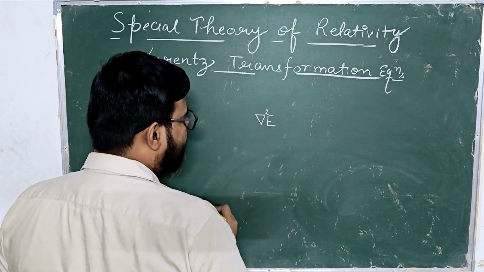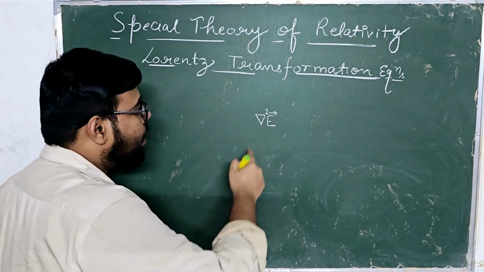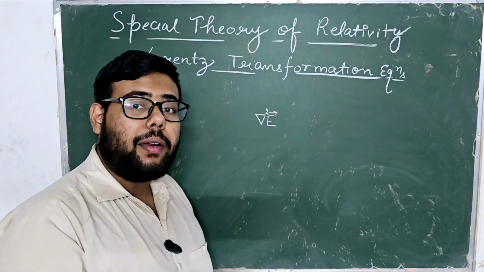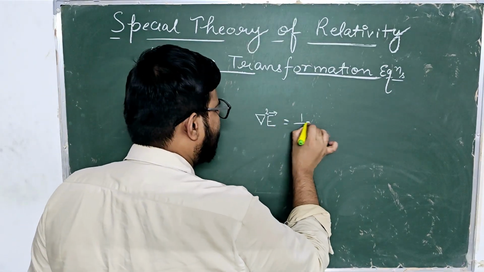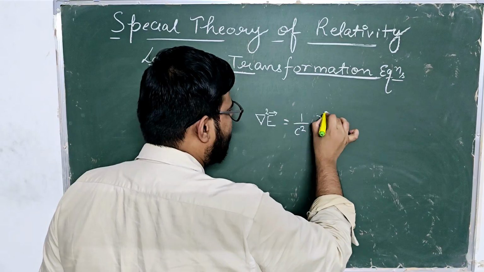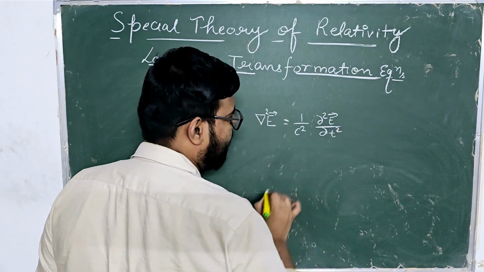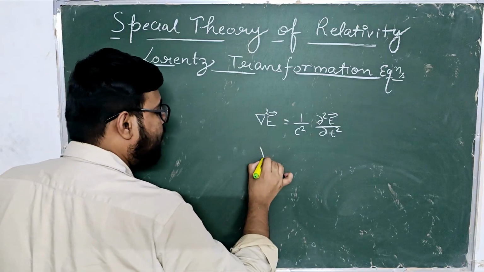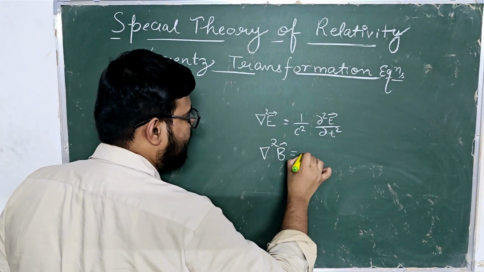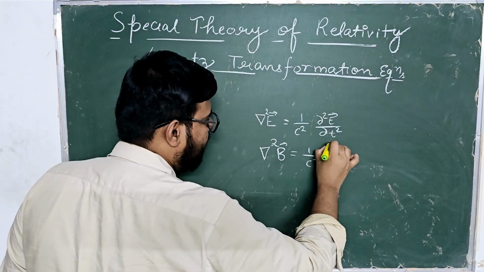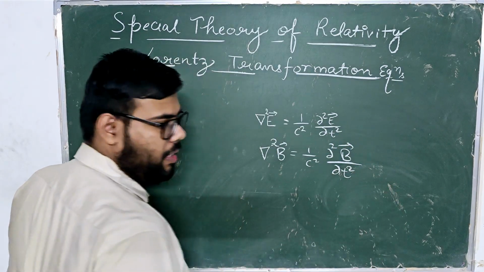So it is Nabla squared applied on the E vector, and it is equal to 1 upon c squared times del 2 E by del t squared. And Nabla squared applied on the B vector is equal to 1 upon c squared times del 2 B vector by del t squared.